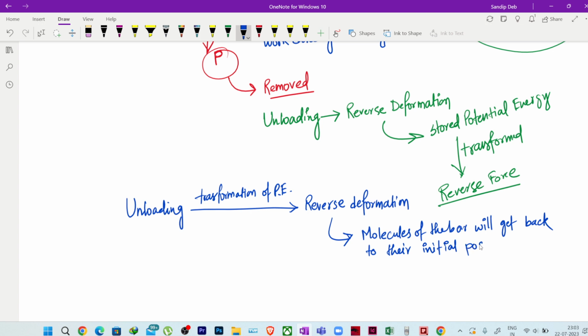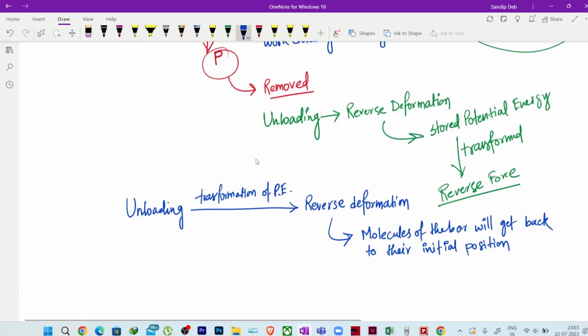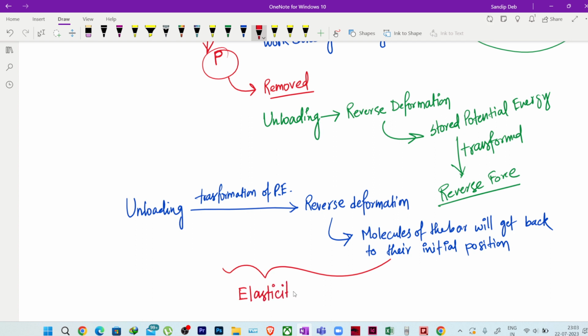I have removed the load, so this potential energy converted to a reverse force, and the elongation that happened will reverse and it will come to this point again, right? So this total phenomena is known as elasticity.